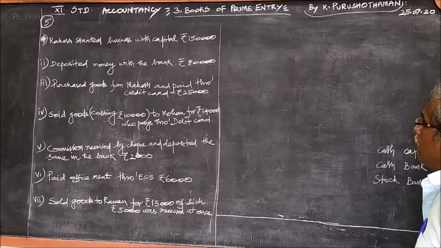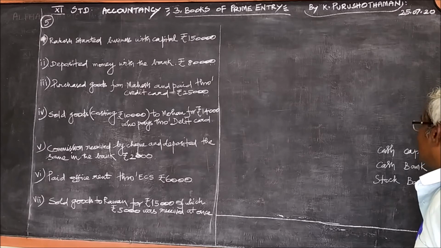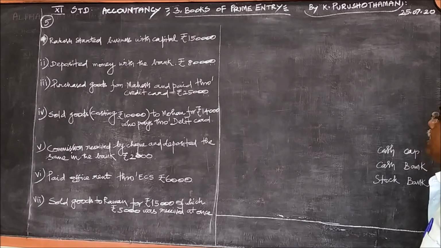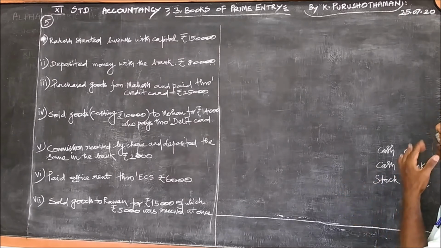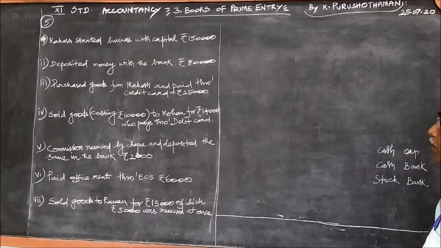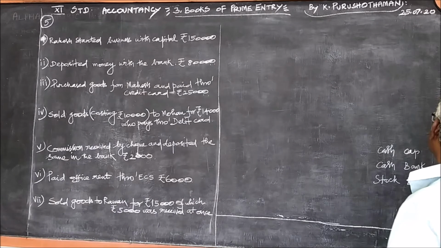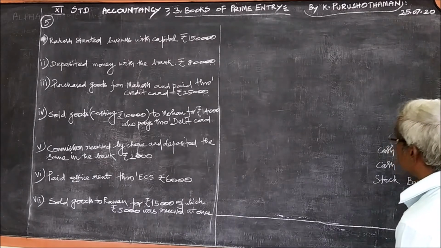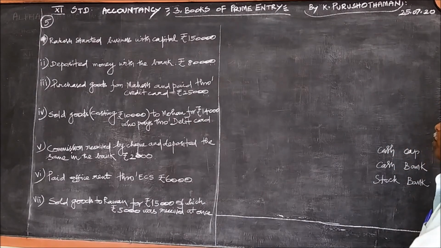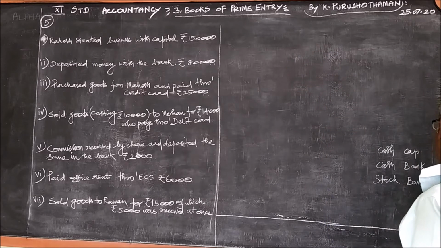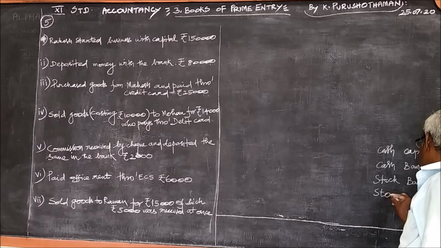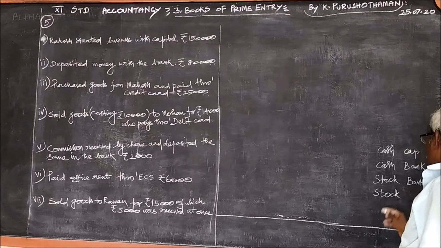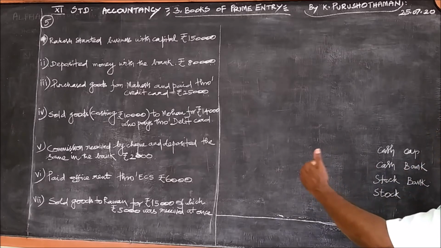Sold goods to Mohan for 14,000, who pays through debit card. We sell the goods to Mohan. What is the value of the goods? 10,000. But it is sold to Mohan for 14,000. So, 10,000 value of goods will go out, that is, from the stock.